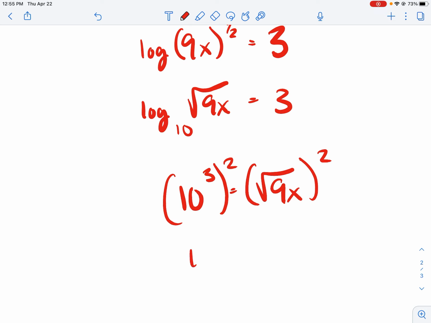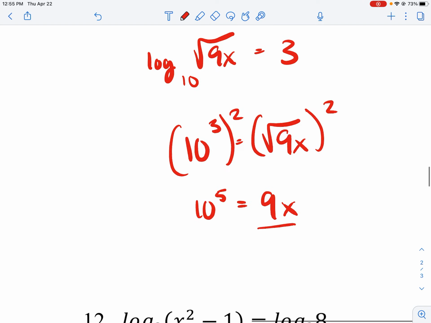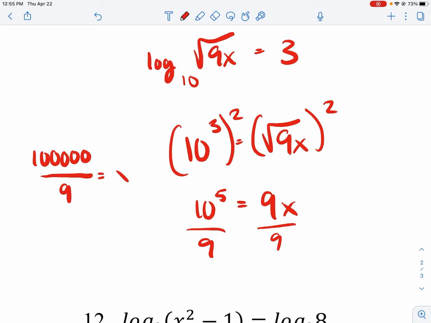So this is going to be 10 to the 6th power is equal to 9x. And then to get x by itself, divide by 9. So our answer is that guy right there.